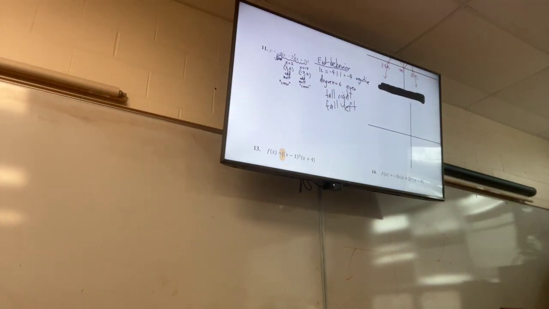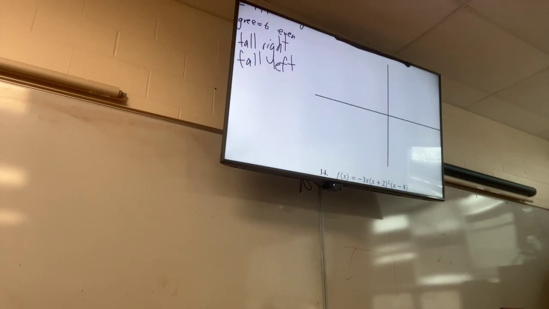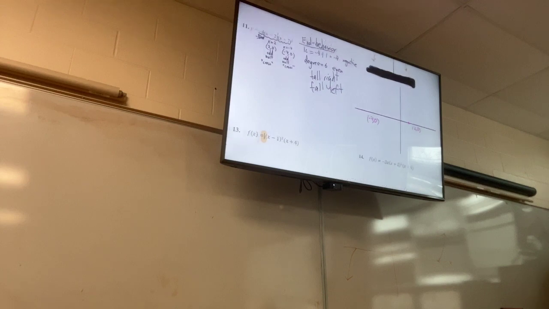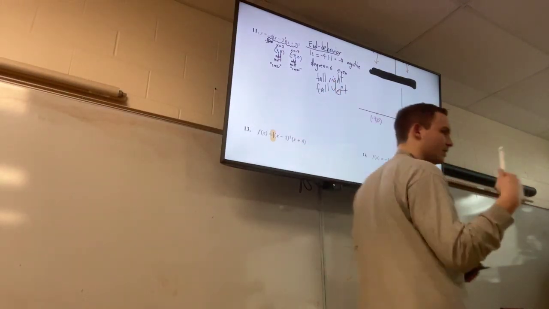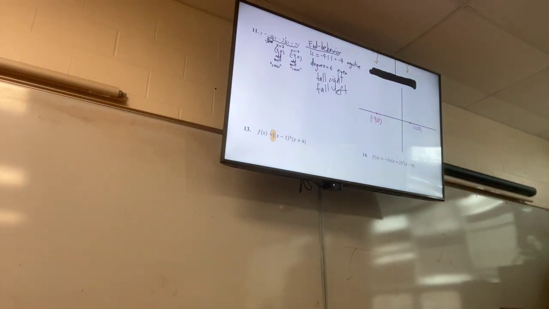Can I start by doing what? Plot. Plot your zeros. (2, 0), (-7, 0). And we're just doing a rough sketch here. Okay, so plot your 2 zeros, plot your 2 x-intercepts. They're the same thing. Roots, zeros, x-intercepts, all the same.